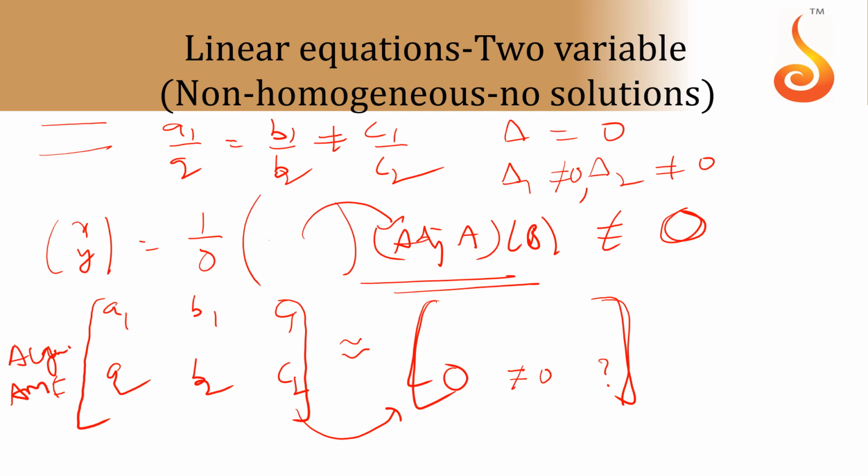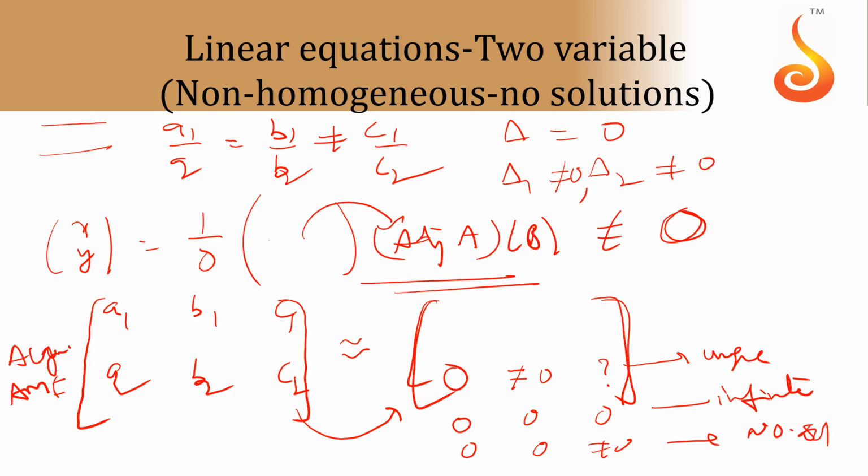Then it will have a unique solution. Suppose the last row is like this, 0, 0, 0. What does it mean? 0x plus 0y equal to 0. So it shows that infinite solutions are there. Suppose it is like this, 0, 0 but not 0, not possible, no, because 0x plus 0y cannot be equal to something like 5. That's why no solution.